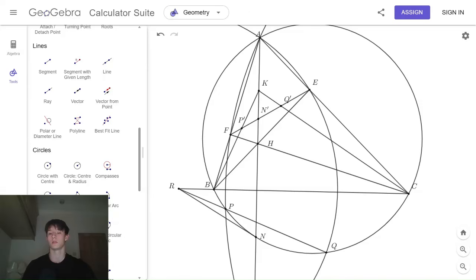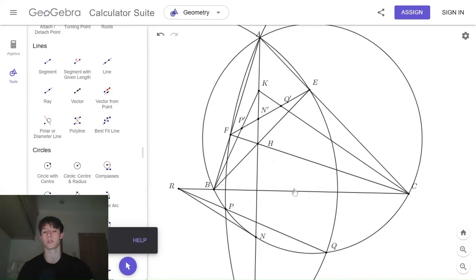Okay. And then we have just the tangent here and M, PQ, and BC. So what does it want us to show? Well, we essentially wanted to show that the circles NPQ and BHT were tangent, which is equivalent to, we wanted NPQ, which is essentially FE, and circle PHQ. So PHQ goes into here.